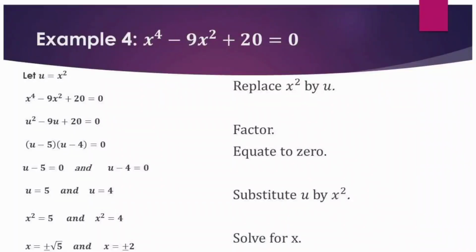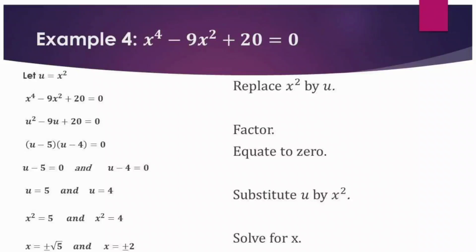And for our last example, we have here a reducible polynomial expression, x raised to 4 minus 9x squared plus 20 equals 0. For us to solve this, we need to replace x squared by u. After replacing x squared by u, we will come up with u squared minus 9u plus 20 equals 0.